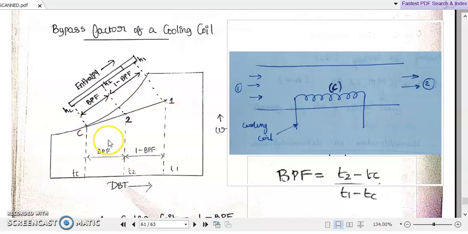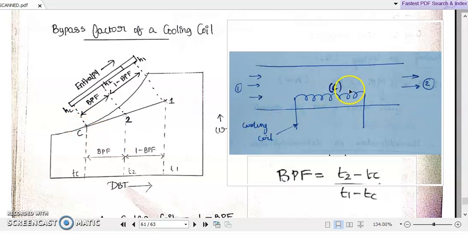Okay, so we can try to represent this cooling coil process on a psychrometric chart. Let point 1 represent the psychrometric condition of the incoming air, and point C represent the surface temperature of the cooling coil.